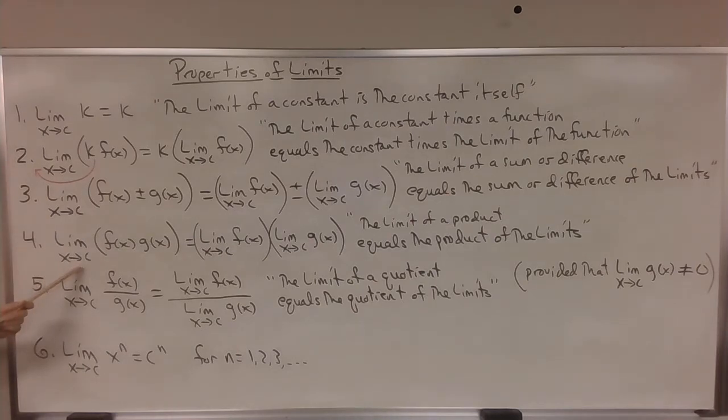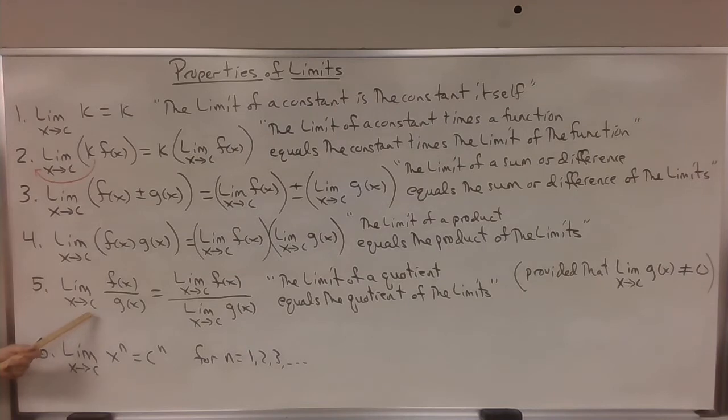Fourth, the limit of a product is equal to the product of the limits. And what that means is that if we're computing the limit of a product, we can compute the limit of each factor first and then multiply the two together.